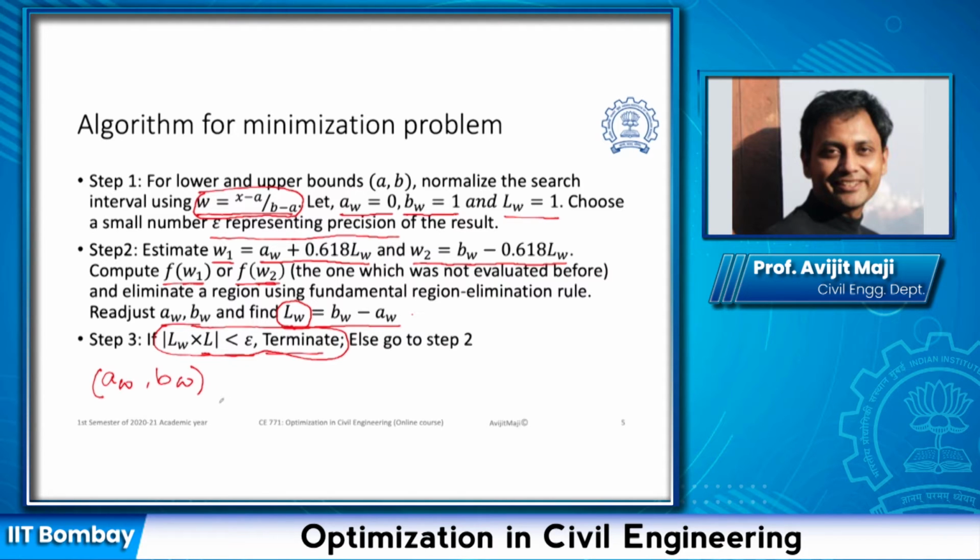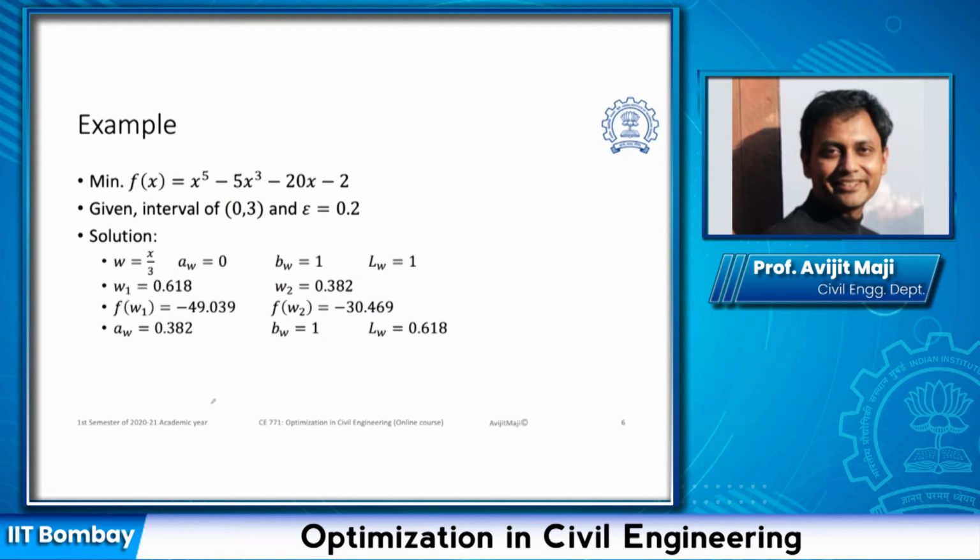Now let us look into this algorithm through an example. In this example, we need to minimize this objective function. It is the same objective function we had used in the previous two methods, which were the interval halving method and the Fibonacci search method. And we are using the same interval of 0 and 1, and the same precision of 0.2.